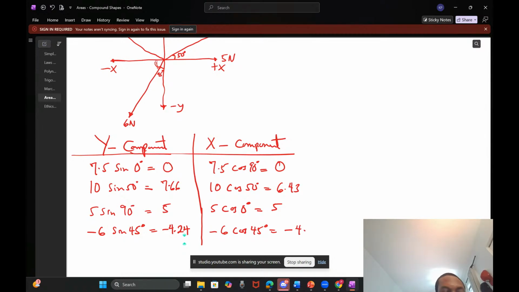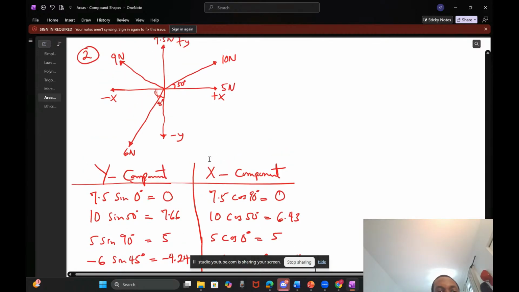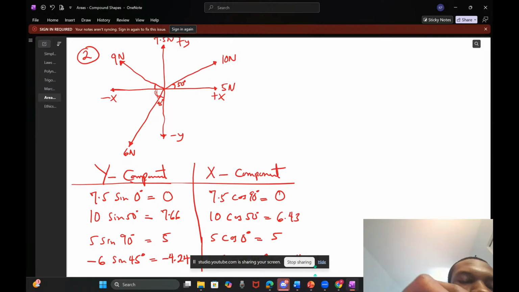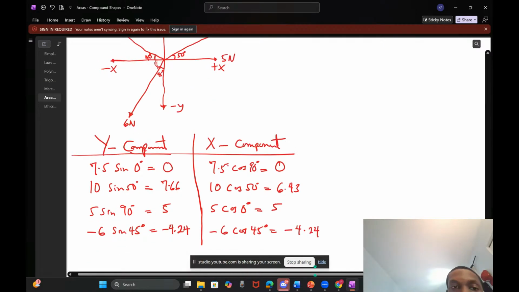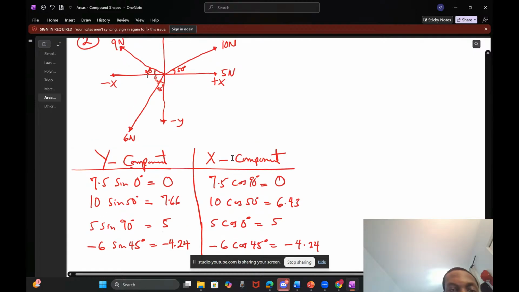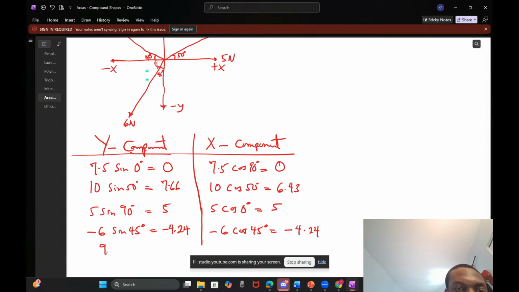It equals minus 4.24. So let's say this angle here is 40 degrees. So the y component is up. So this will be 9 sine 40. That's positive 9 sine 40.